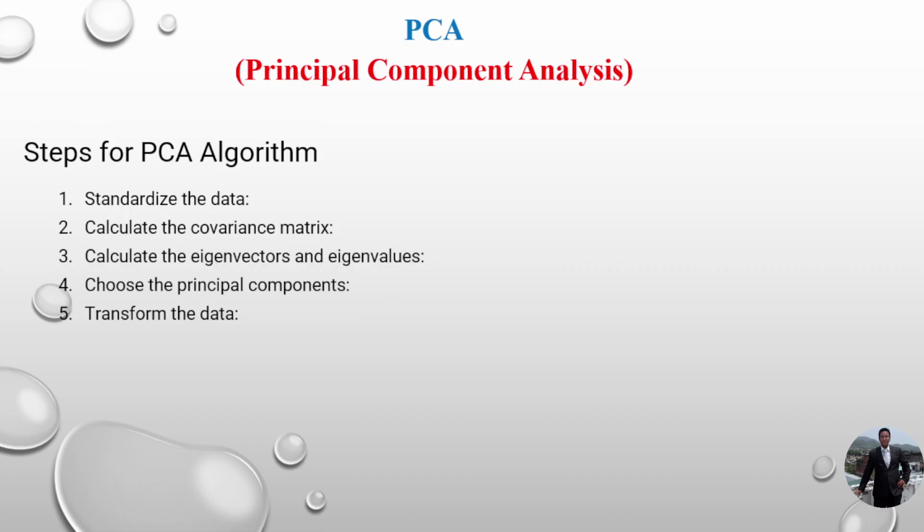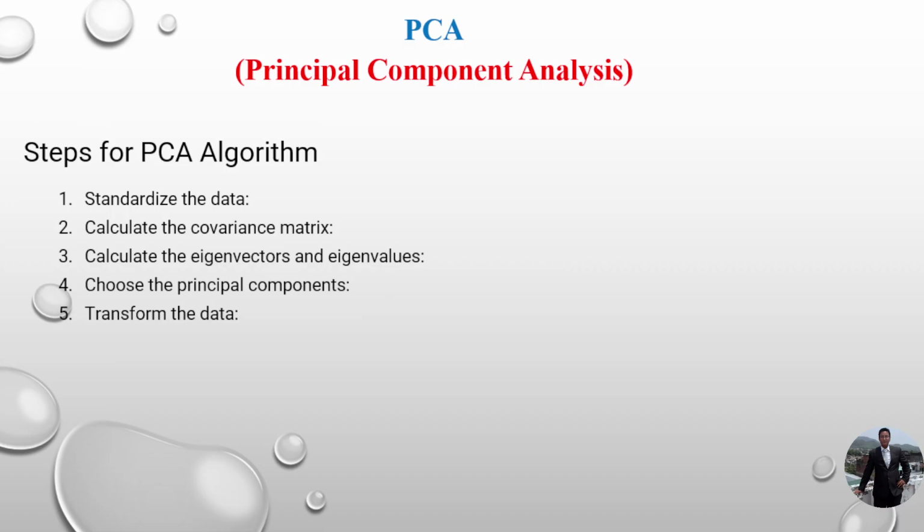The principal components are the eigenvectors with the highest eigenvalues. These components represent the direction in which the data varies the most and are used to transform the original data into a lower dimension space. The final step is to transform the original data into the lower dimension space defined by the principal components.